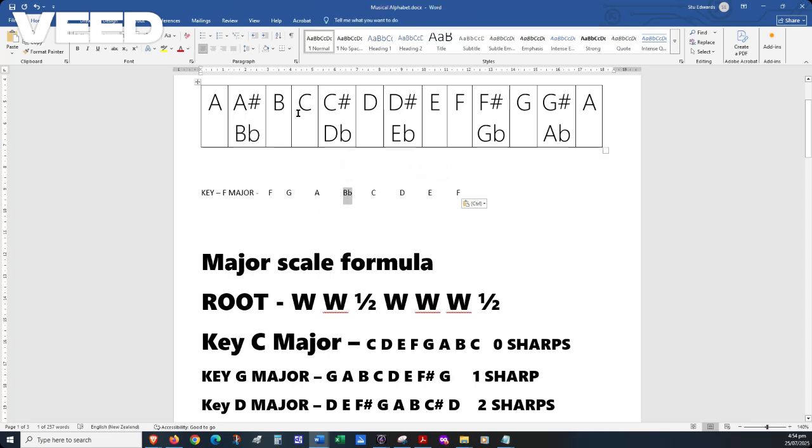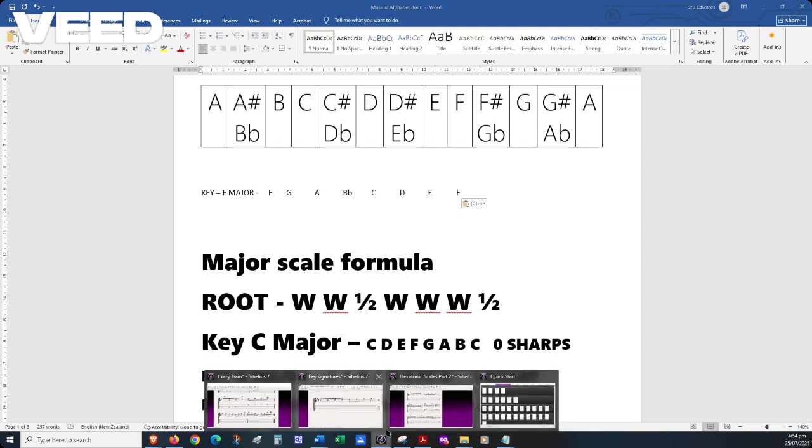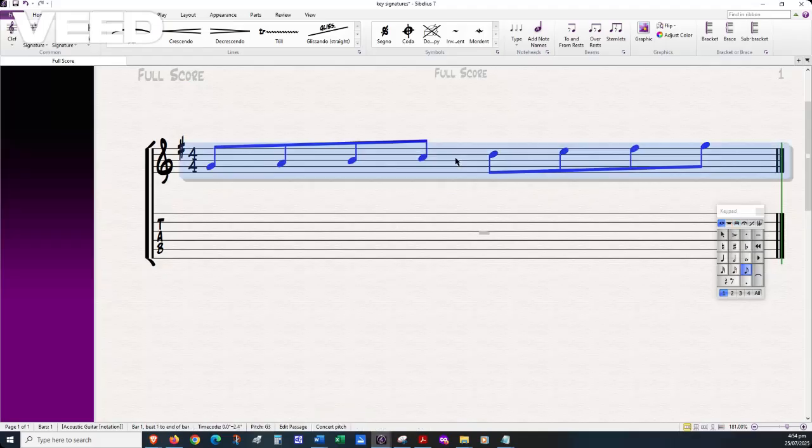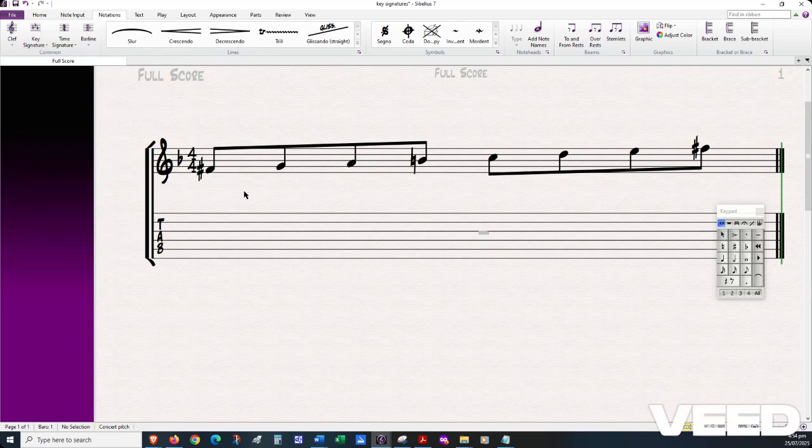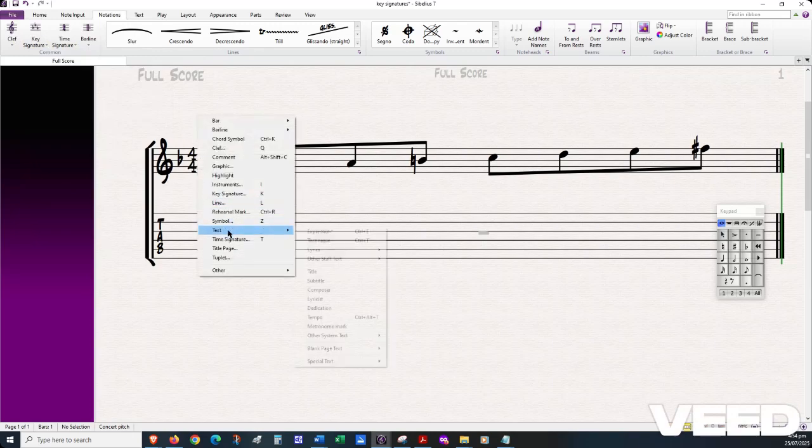And then we've got to go whole, whole, whole, half. This is why the key of F major has got a flat in it. So starting on the F, I'm just going to change the key signature here, and I'm going to put a flat in there. That's now the key of F major.